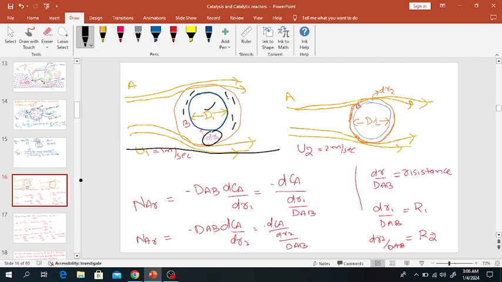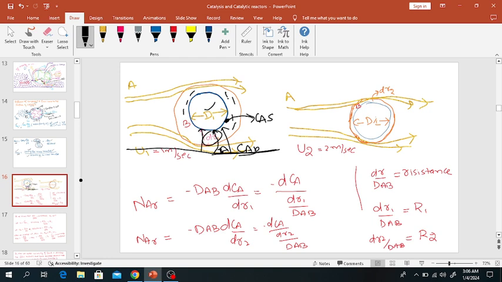Suppose there is some component A which is diffusing and absorbing on this catalyst surface. Here the concentration of A is CAB, the bulk, and here the concentration is CAS, the concentration at the surface of the catalyst.